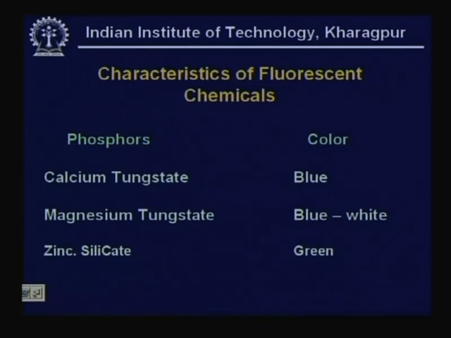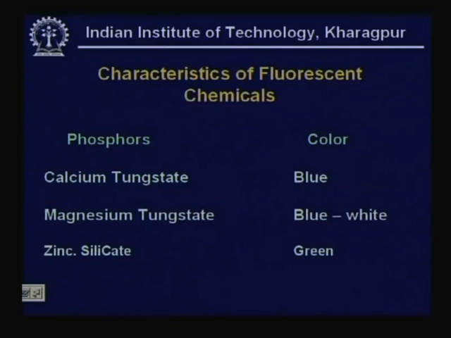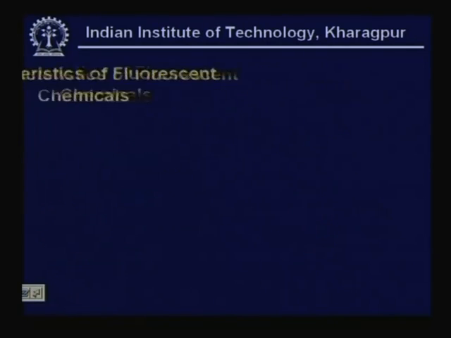So, we have phosphors versus the color: calcium tungstate. When you talk of the color, it is basically the radiation spectrum where it is going to be maximum. Calcium tungstate, after it goes into fluorescence, may be termed blue, magnesium tungstate will be blue white, zinc silicate is a green.